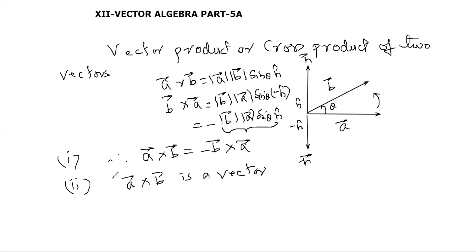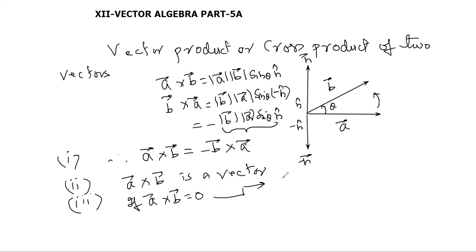So if A cross B is equal to 0, it can be 0 in two possible ways.